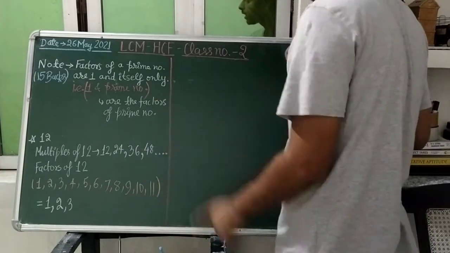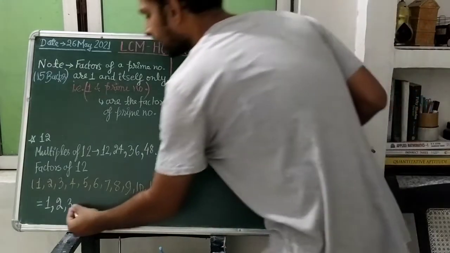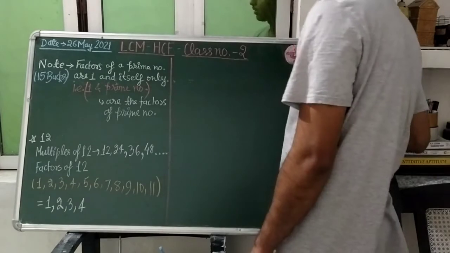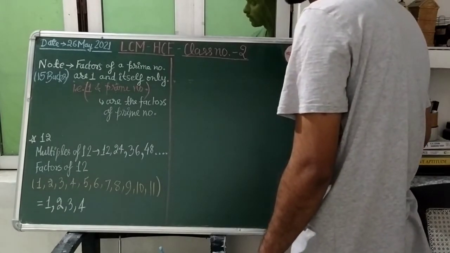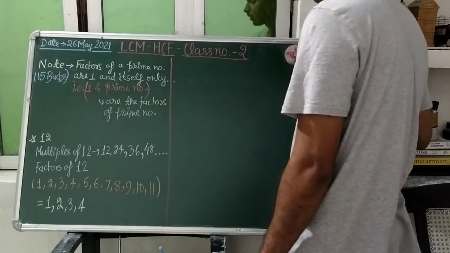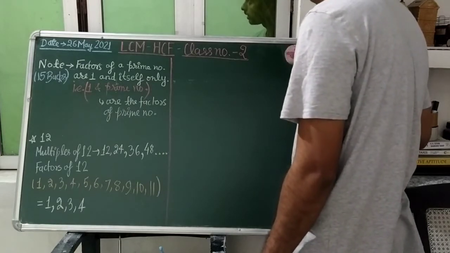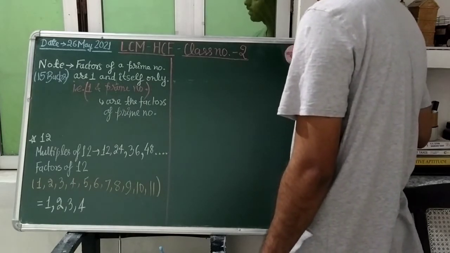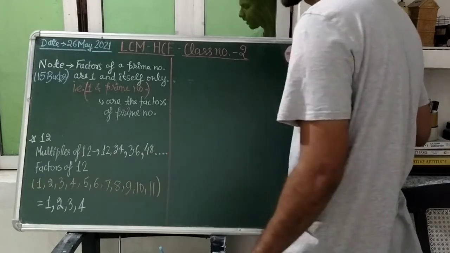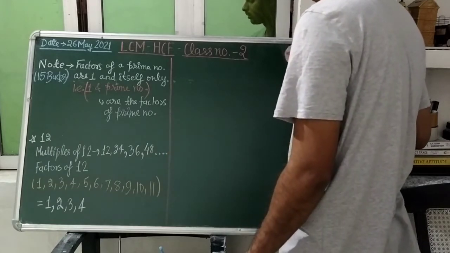Whether 4 is dividing 12? Yes, 4 3s are 12, so 4 will be a factor of 12. Whether 5 will divide 12? No. 5 1s are 5, 5 2s are 10, and 5 3s are 15. So 12 is not coming in the table of 5, so 5 will not be a factor of 12.